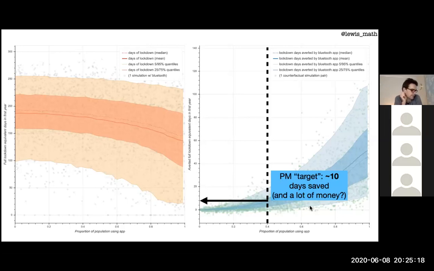But then there was some figure that said that for every week of lost productivity spent in lockdown, it was some tens of billions of dollars to the economy. So I'd be happy to take a 0.0001% commission on that saving for this modelling, if the government liked.